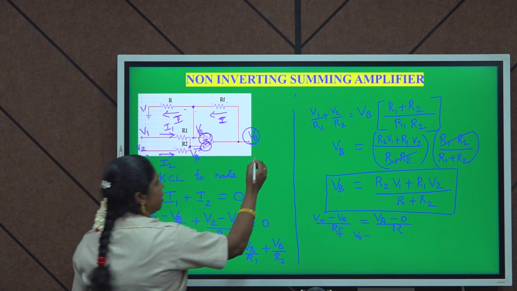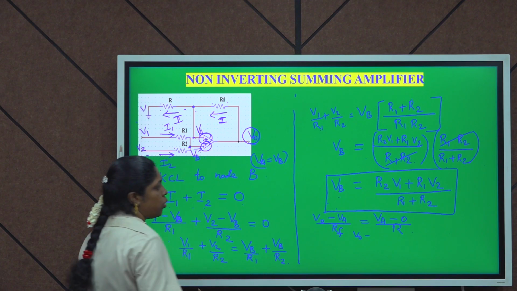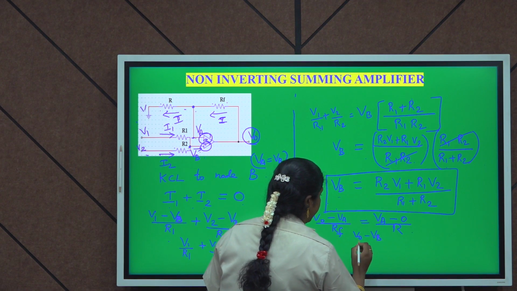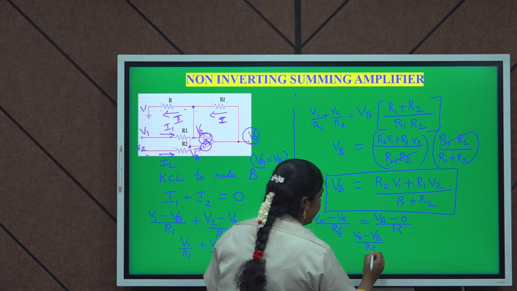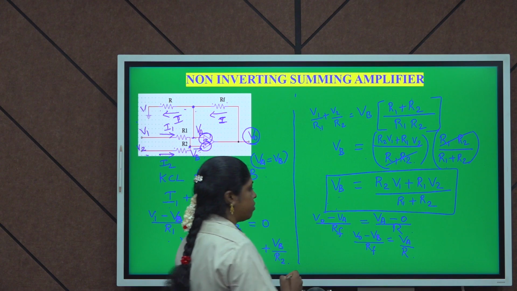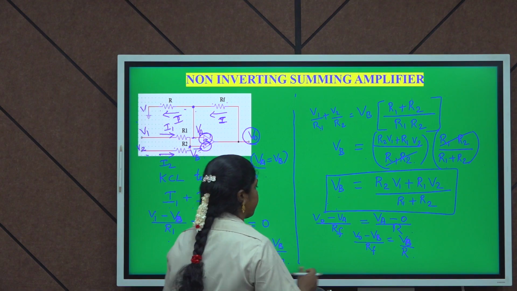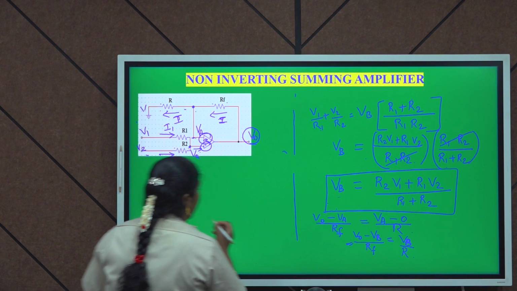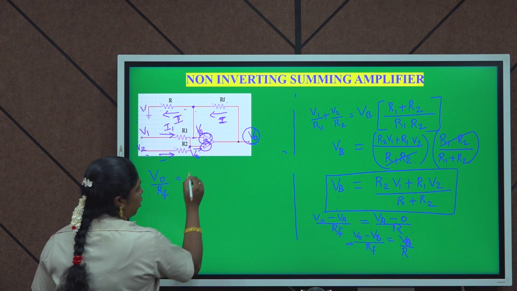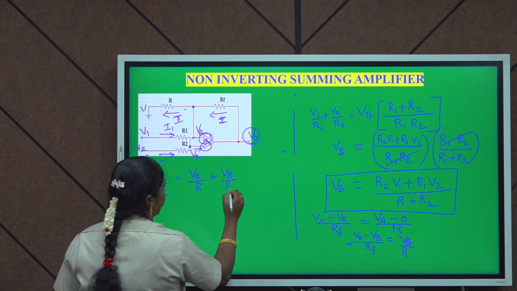According to the virtual ground concept, the potential VA should be equal to VB. So instead of VA, we can substitute VB. So V naught minus VB divided by RF is equal to VB by R. From this we can write the output voltage: V naught by RF is equal to VB by R plus VB by RF.